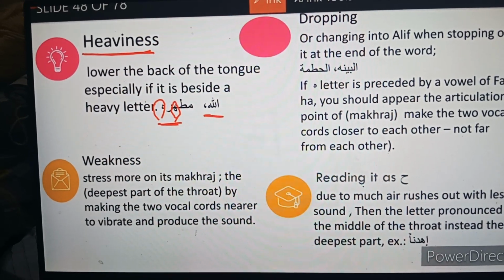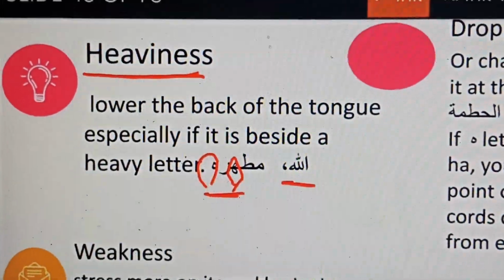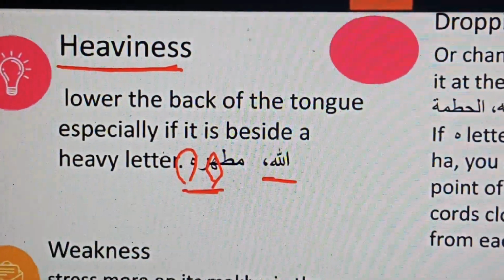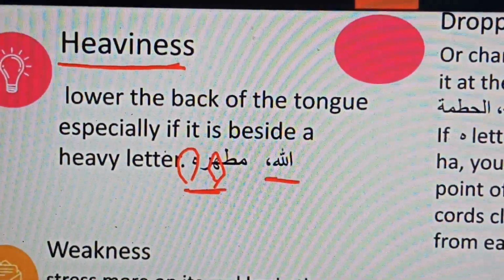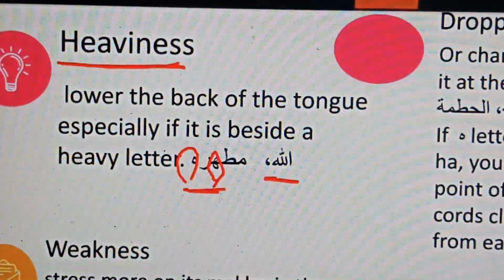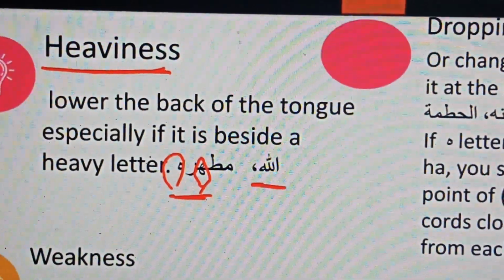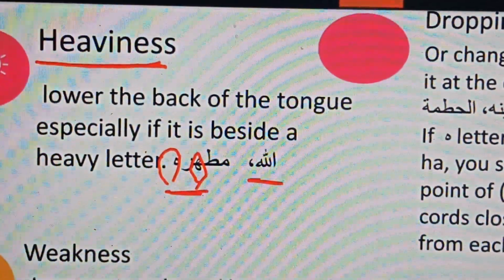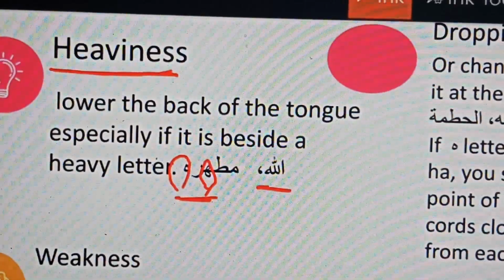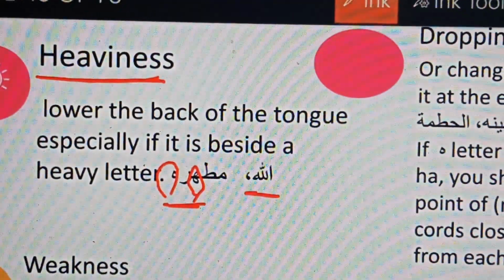Another word is mutahhara. After the tah and after the ha, the mistake that may happen is that the tah may affect the ha, because these two letters are heavy letters.